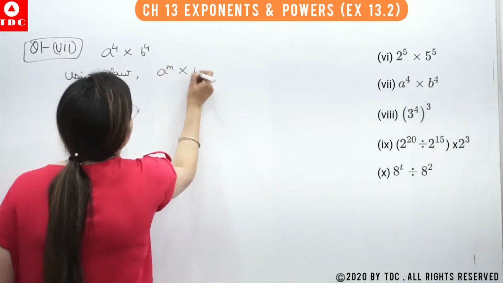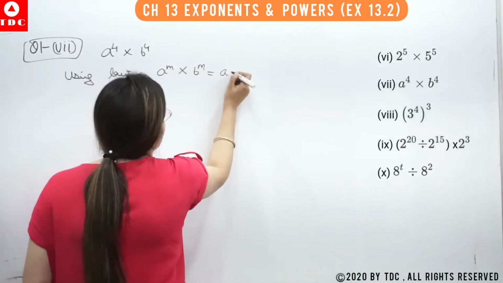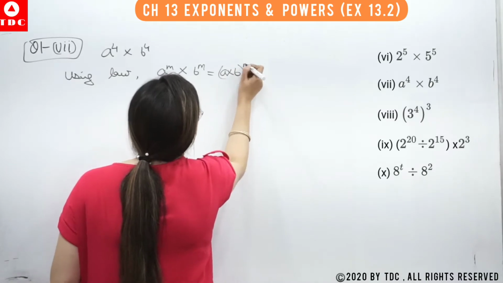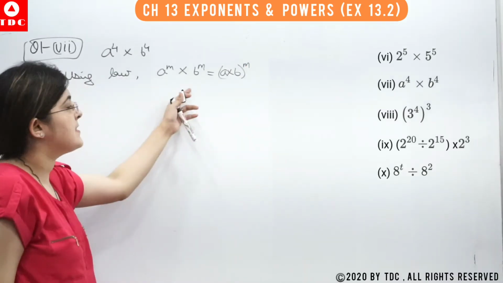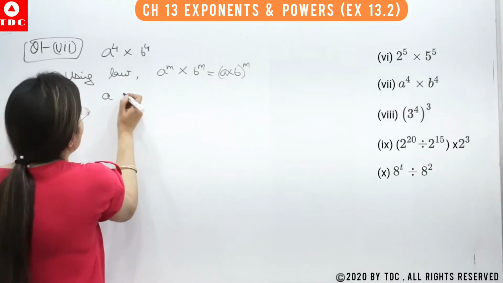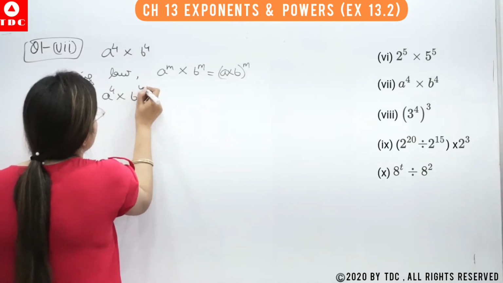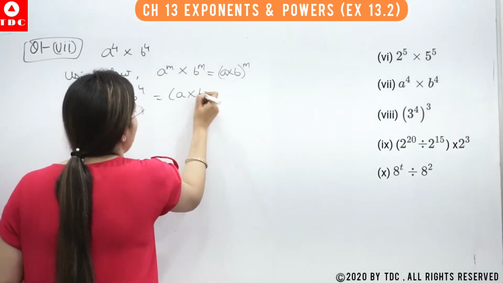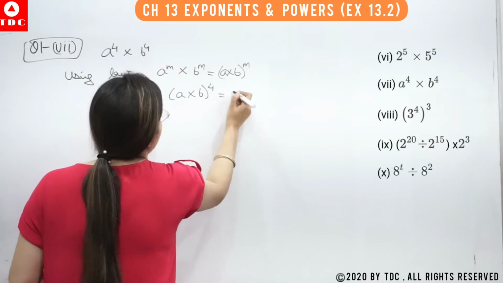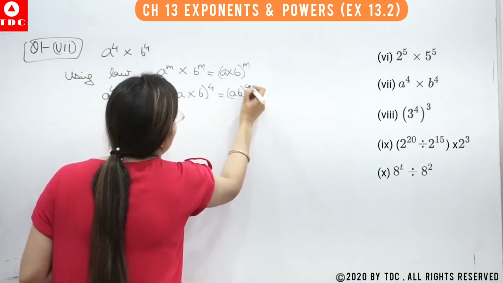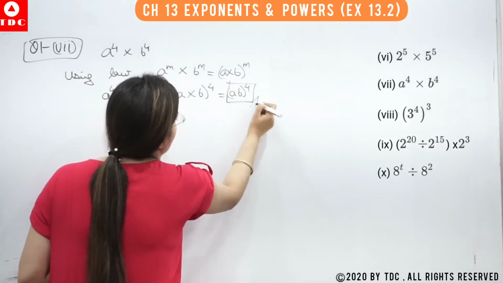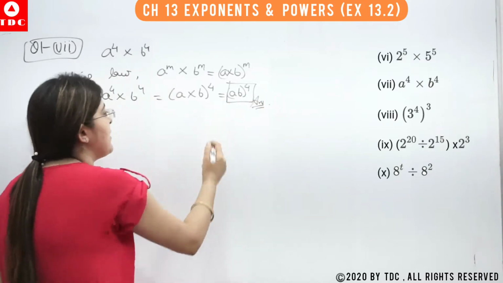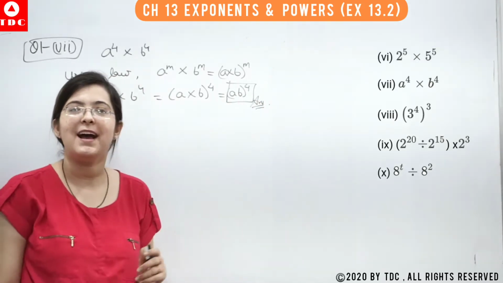So a to the power m into b to the power m is a into b to the power m. This law we will use. What we will get here? First we have to multiply a into b to the power 4. So we will get ab to the power 4. A into b is ab. This is your final answer.